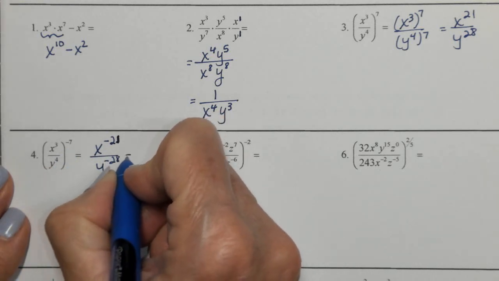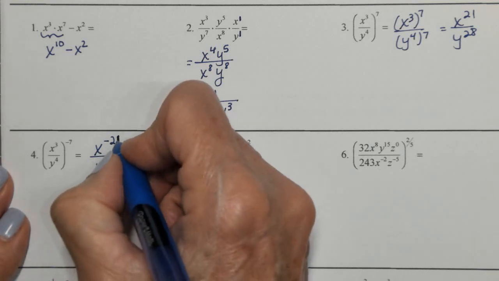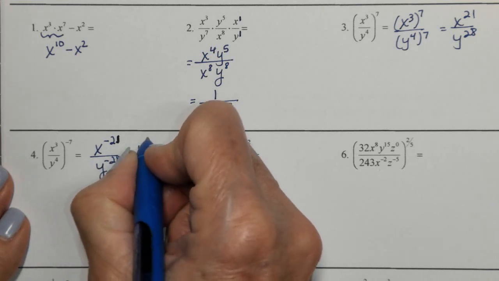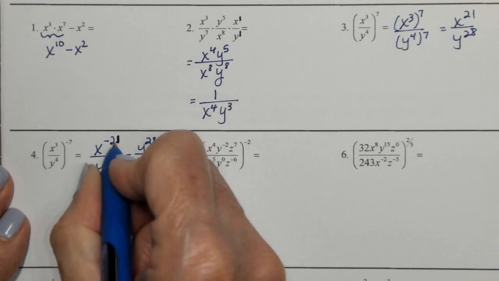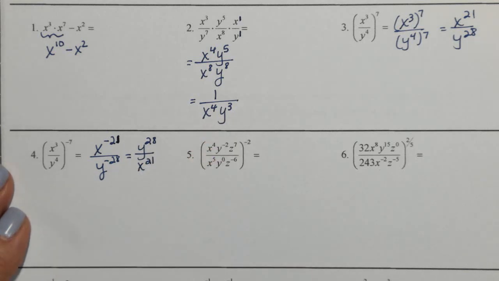Since this is just a single fraction, this is going to bring the y to the 28th to the top and make it positive, and the x to the 21st to the bottom, and make that power positive as well.